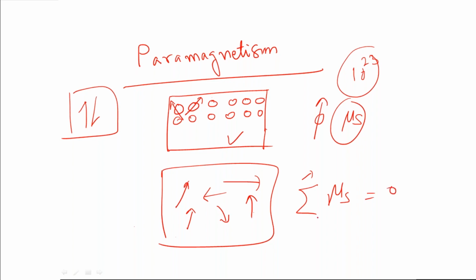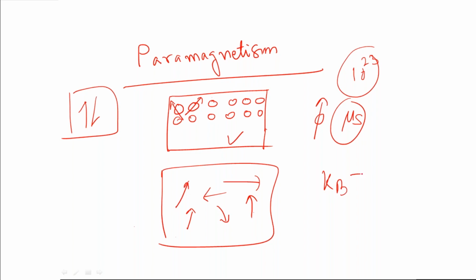So they orient themselves in a utterly random orientation. When you have vectors oriented in all possible random directions and you take the average of them, you get a net magnetic dipole moment of zero.